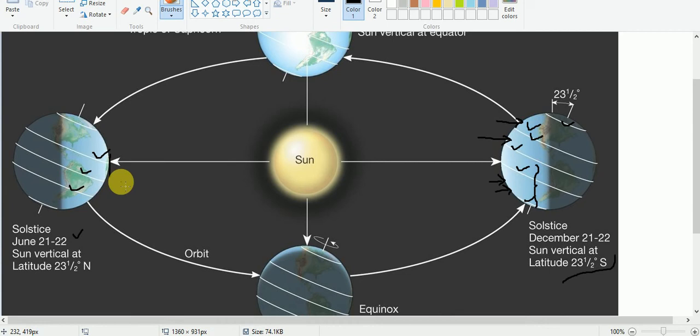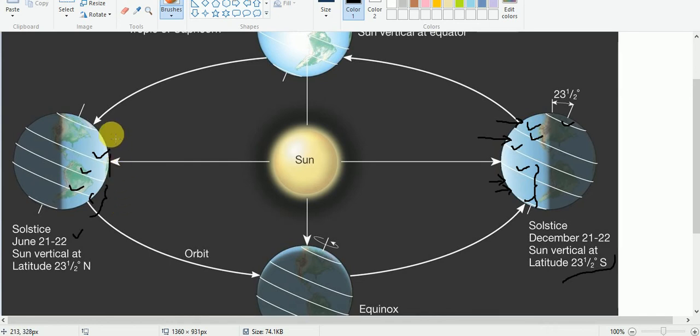So on this day, we shall experience the longest daytime and the shortest night time. On the other hand, in the southern hemisphere, along the Tropic of Capricorn, they will experience the reverse, so they will experience the longest night time.